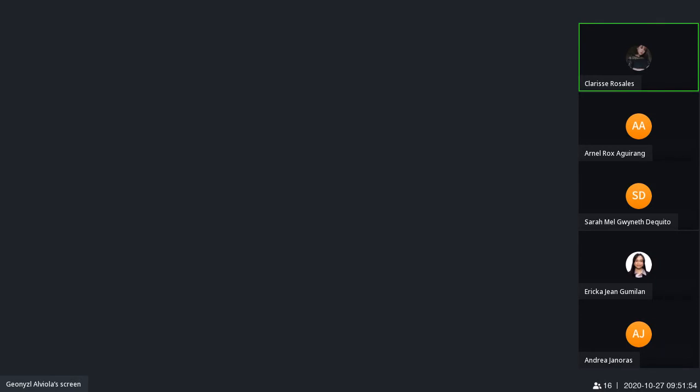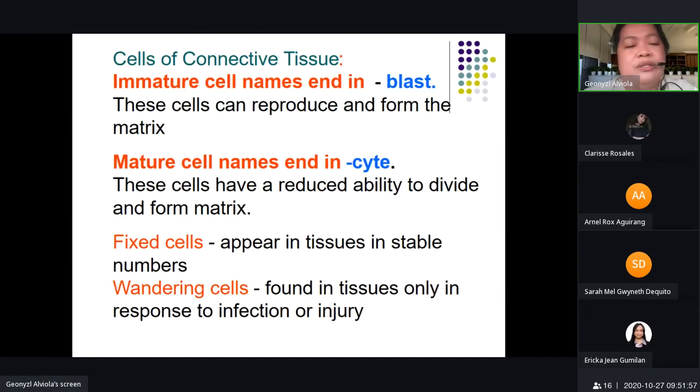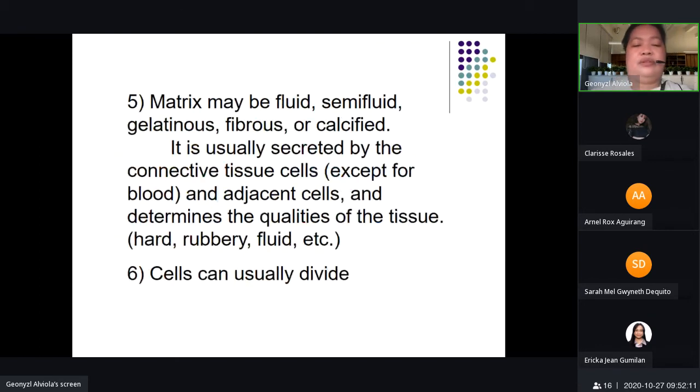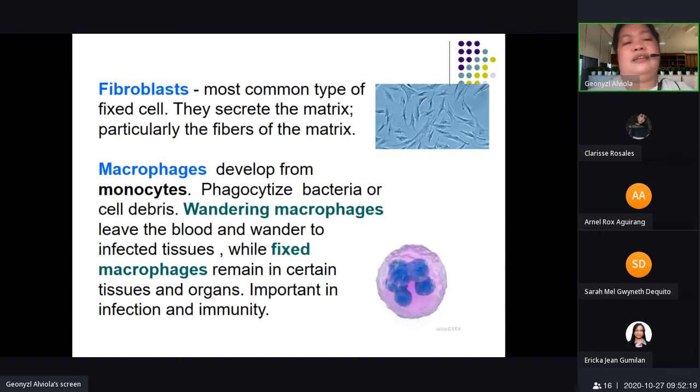Fixed cells appear in tissue in stable numbers. Wandering cells are found in tissues only in response to infection or injury. Cells in the tendon and cartilage are fixed cells. Wandering cells are the blood components, so they transfer from one area to the other. Fibroblasts are the most common type of fixed cells, producing the matrix fibers found in connective tissue which cannot be found in epithelial tissue.